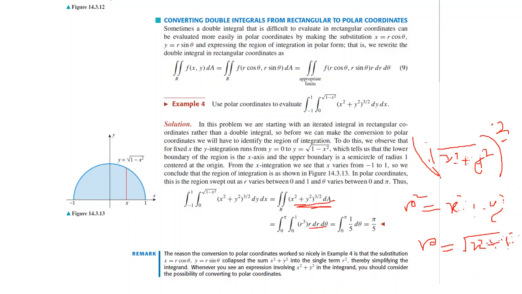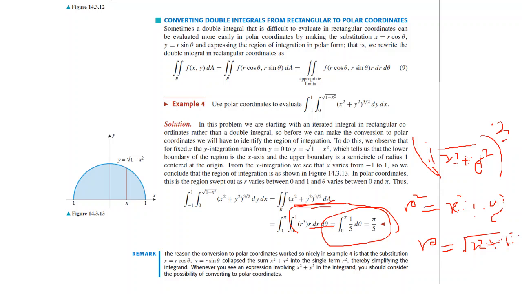With the extra r from r dr d theta, if we integrate r cube, then we get r to the power 5 by 5. After putting in the limits of integration, we get the answer.